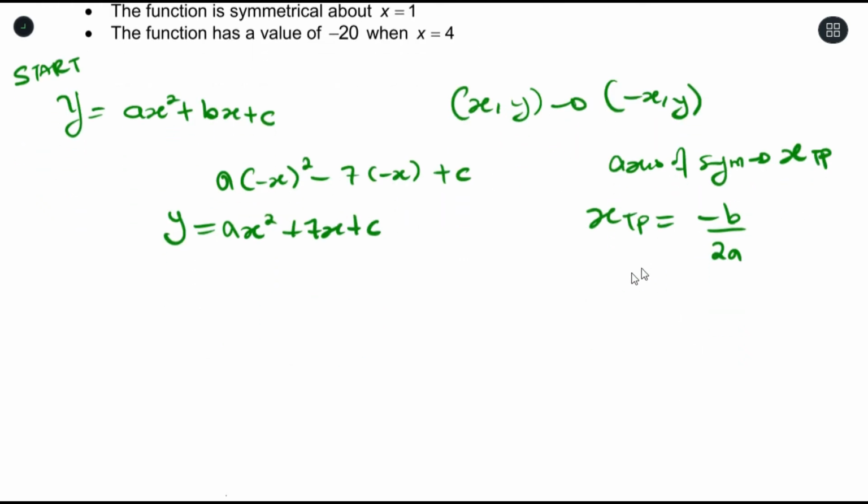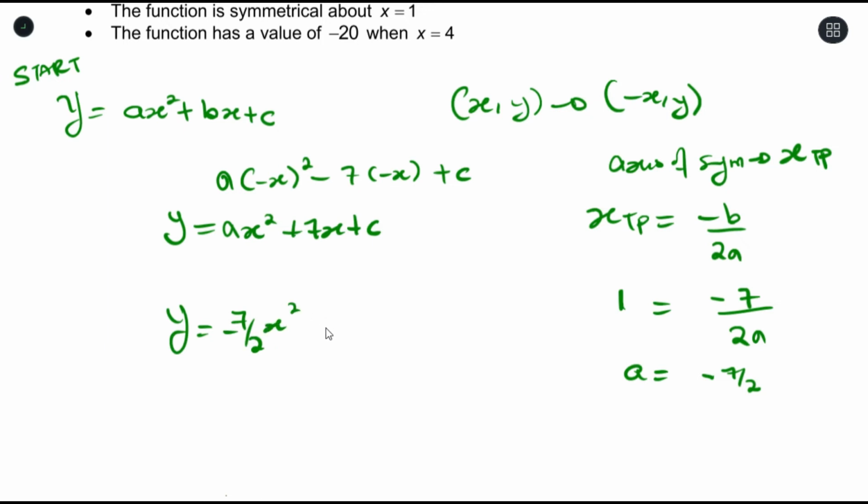Now, if our x value of our turning point is 1, our b is 7, so let's use this to find our a. So cross multiplying, you get a is equals to negative 7 over 2. Now let's update our equation. Our equation is y is equals to negative 7 over 2 x squared plus 7x plus c.